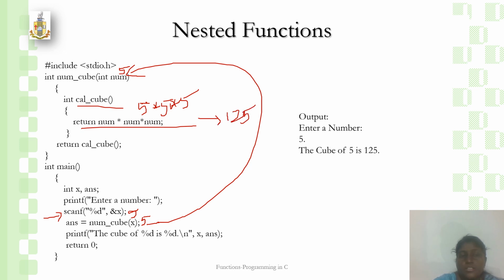Now after this, what we get here is return cal_cube. So once the 5 is here, it will return this statement. Again the control goes here, and only then will the value be returned here, and you will get the output as 125. So these are nested functions in C.